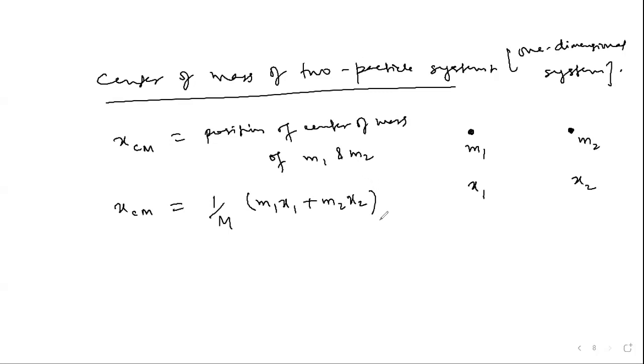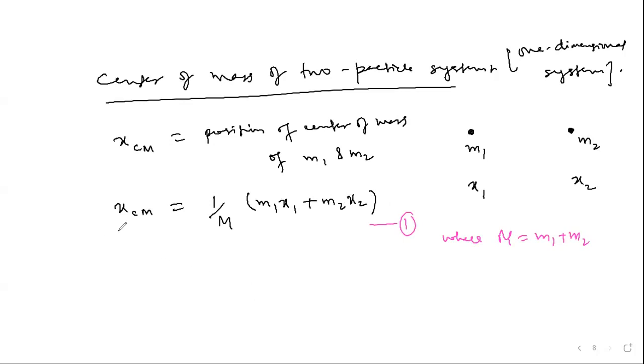Let this be my equation 1, where capital M is equal to m1 plus m2, the total mass of the system.